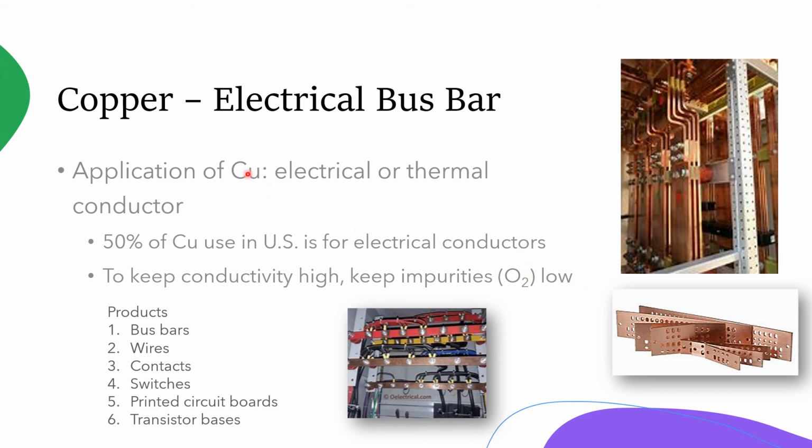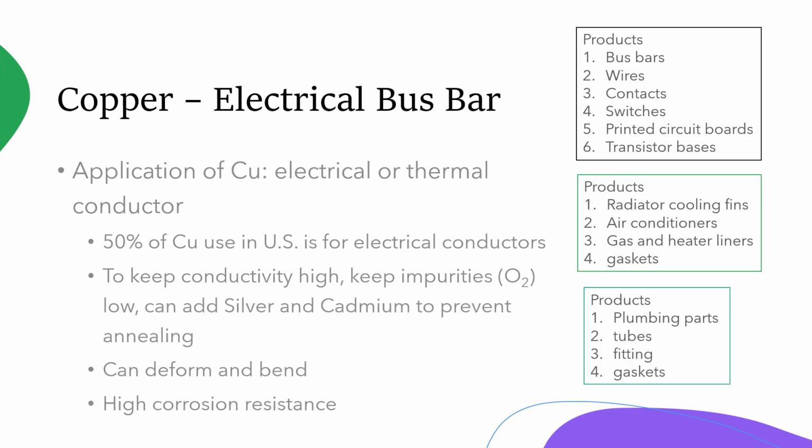So the products that we use are busbars, wires, electrical contacts, very important, switches, printed circuit boards, transistor bases. Our PCs have a lot of transistors in them, and they're very sophisticated, because we now have smaller and smaller chips. Okay, let's go to the next one.